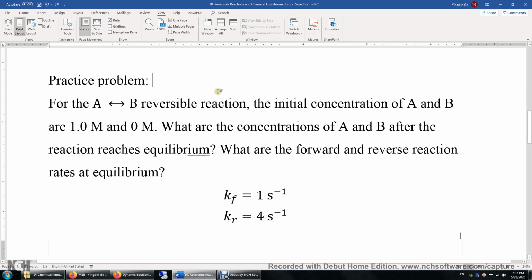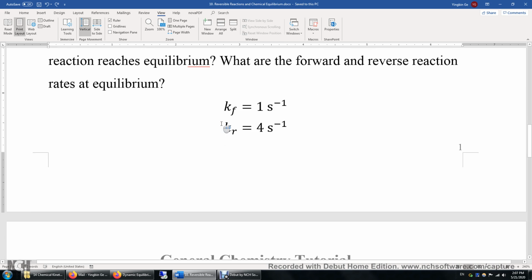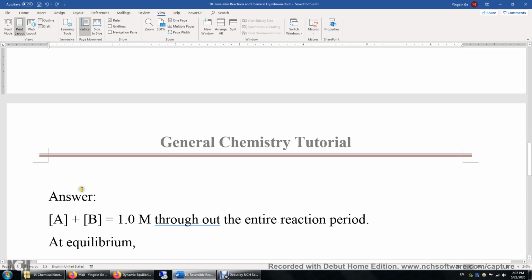All right, now let's work on this problem. Again, I hope I convinced you this A plus B is a constant throughout the entire reaction period. And therefore, A plus B is equal to the initial sum of A and B. And initially, A is 1.0, B is 0.